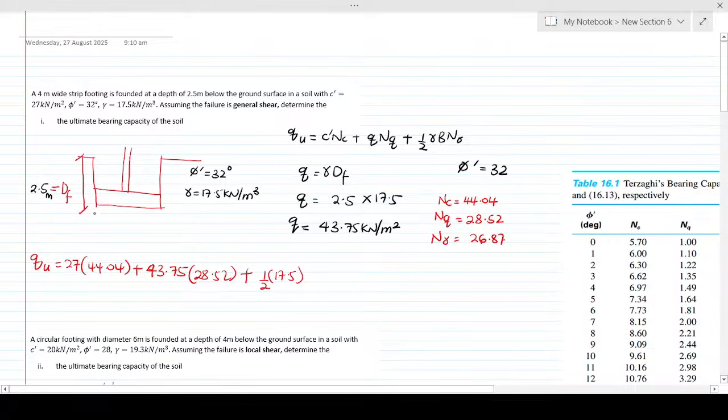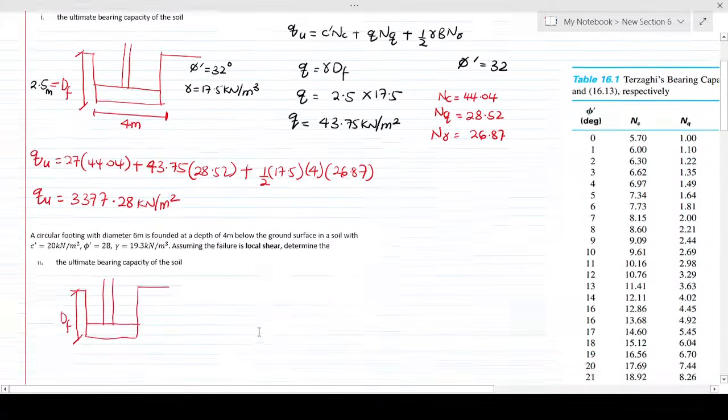My B, that is the width of the foundation, in the question was 4 meters. So multiply by 4, then times my N gamma, which is 26.87. And so my qu gives us 3377.28 kilonewton per meter. And that'll be the end of the first question.